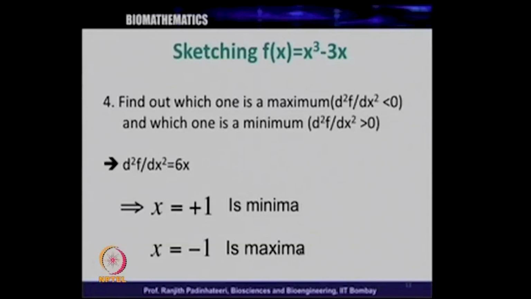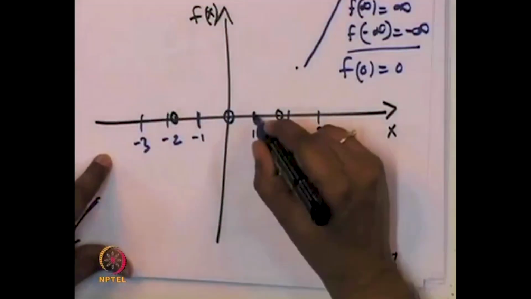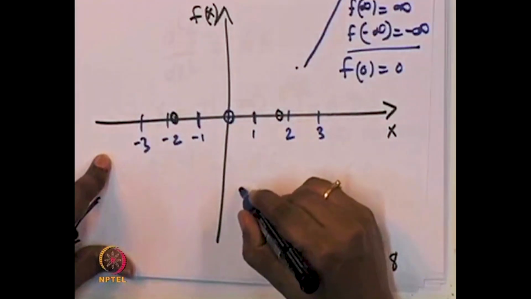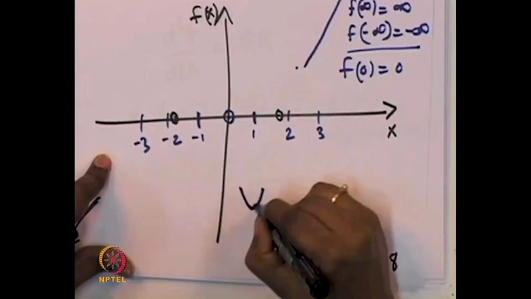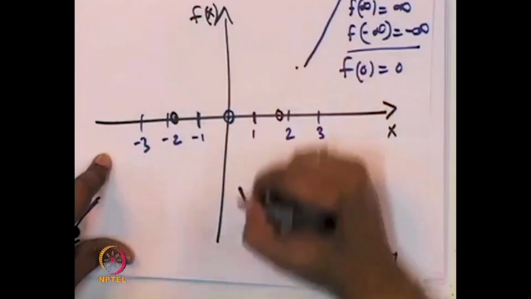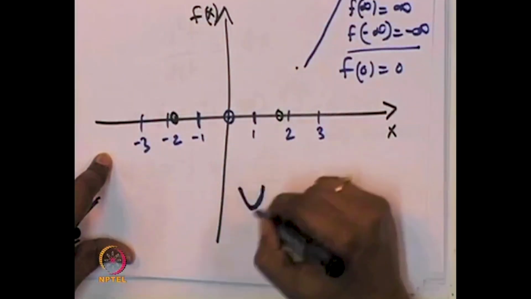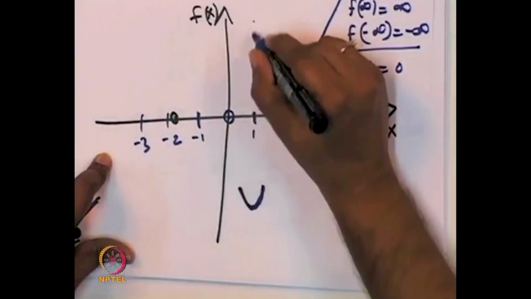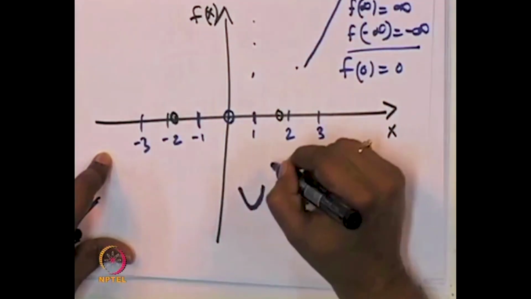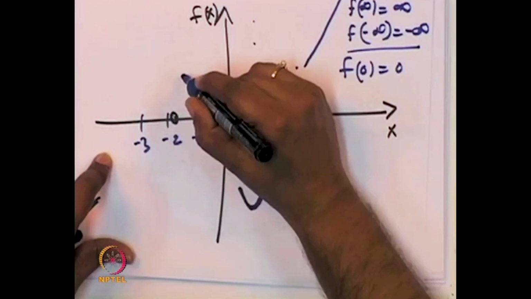So, what did we learn? We learned that at x equal to +1, it is a minimum. So, here at x equal to +1, the function should have a minimum. That means the function should have something like this. We do not know where this minimum is, here or here or here, but we only know that at any of these points you should have a minimum, and at this particular point you should have a maximum somewhere.